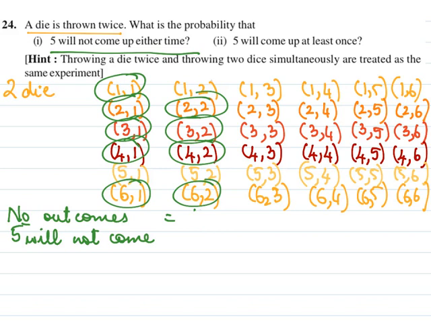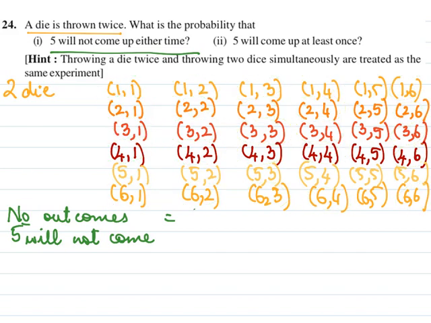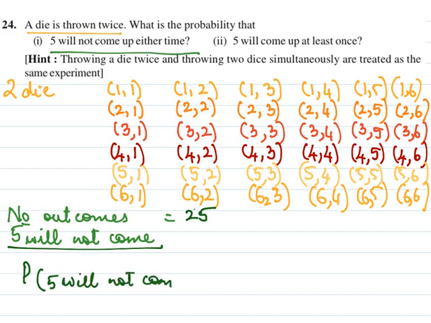These are all where 5 will not come. And if you add them up together, they work out to be 25. So the outcomes where 5 will not come are 25. So the probability of 5 not coming equal to 25 out of 36.